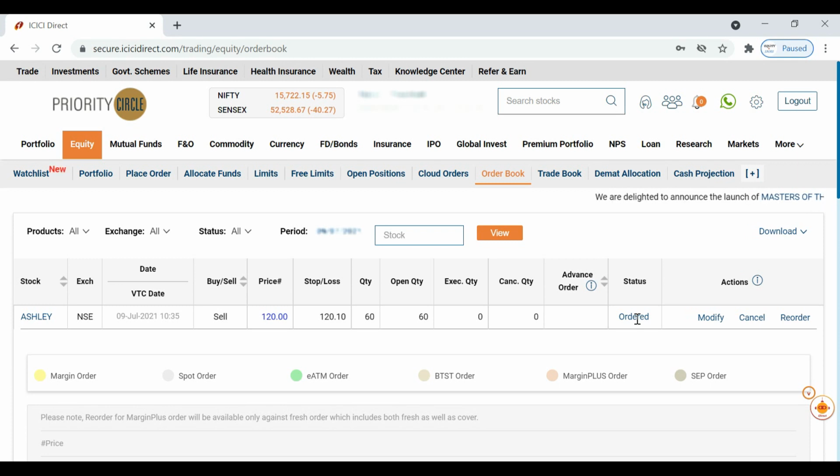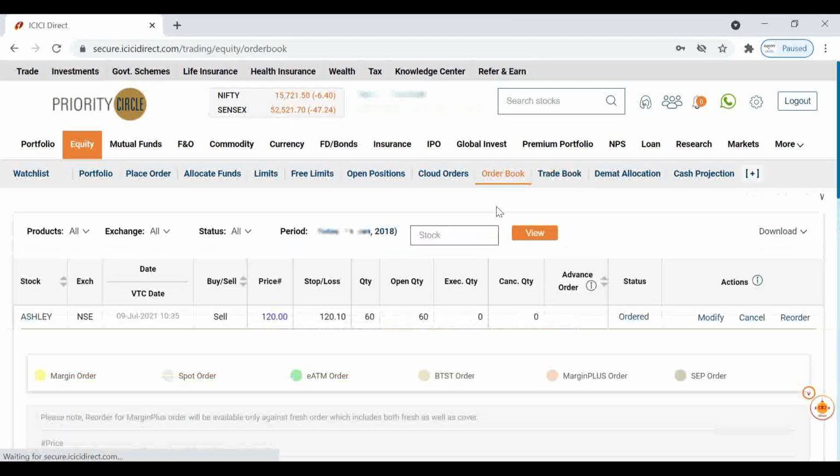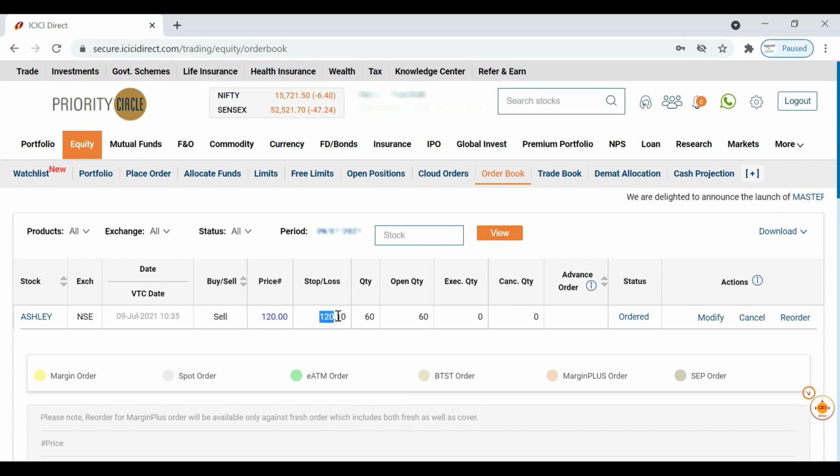But in the trade book you can see it is not executed. That means this order has gone to the broker but is not yet activated, because once the price reaches this stop loss price 120.1, only then will it be enabled. Then you will see the order as executed instead of ordered.